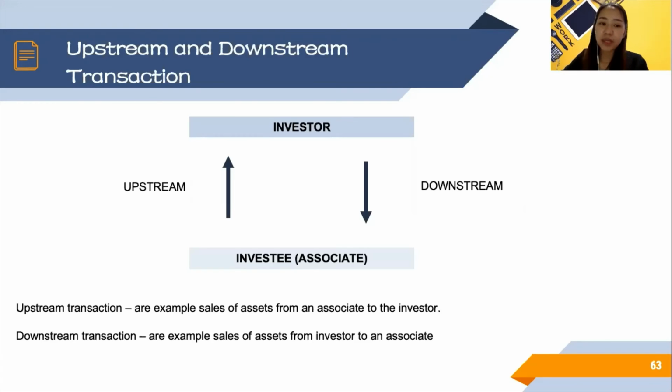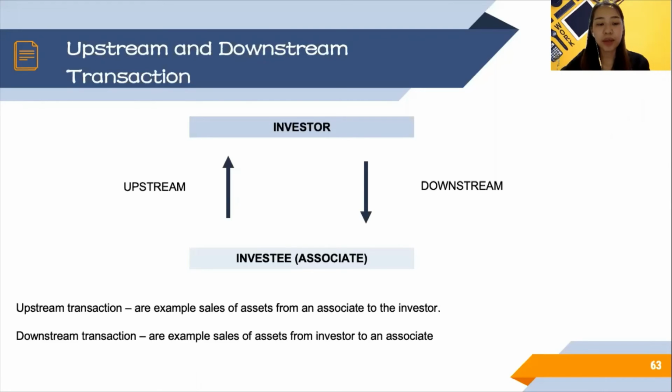So, kapag sinabi nating upstream is pataas yung transaction na mula sa baba kay associate going to the investor. Kapag sinabi naman nating downstream transaction, is yun lang din yung kabaliktaran na kung saan ang seller ay si investor papunta kay associate.